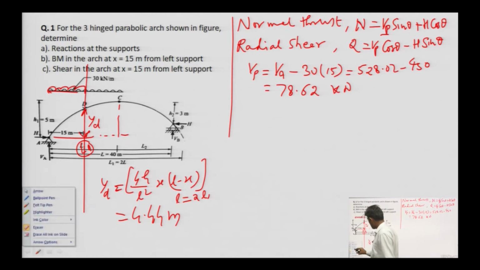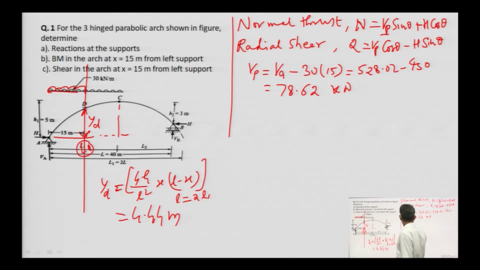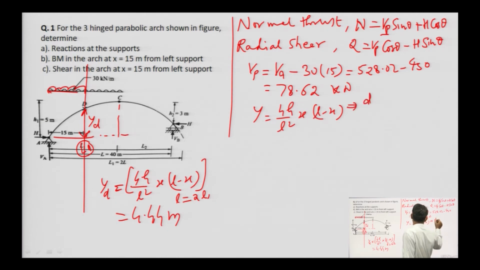We can calculate the value of theta by using this equation, y is equal to 4h upon L square into x(L minus x). So, dy/dx, that is equal to tan theta, and it is equal to 4h upon L square into (L minus 2x).